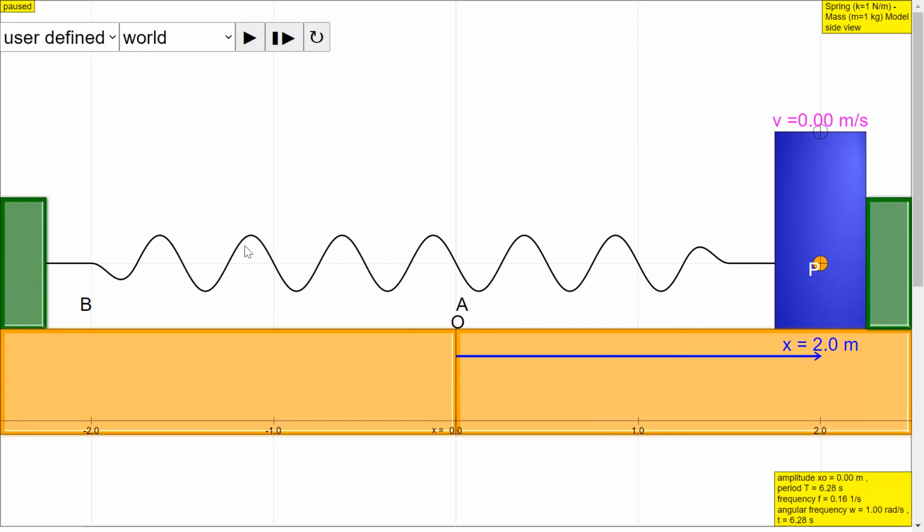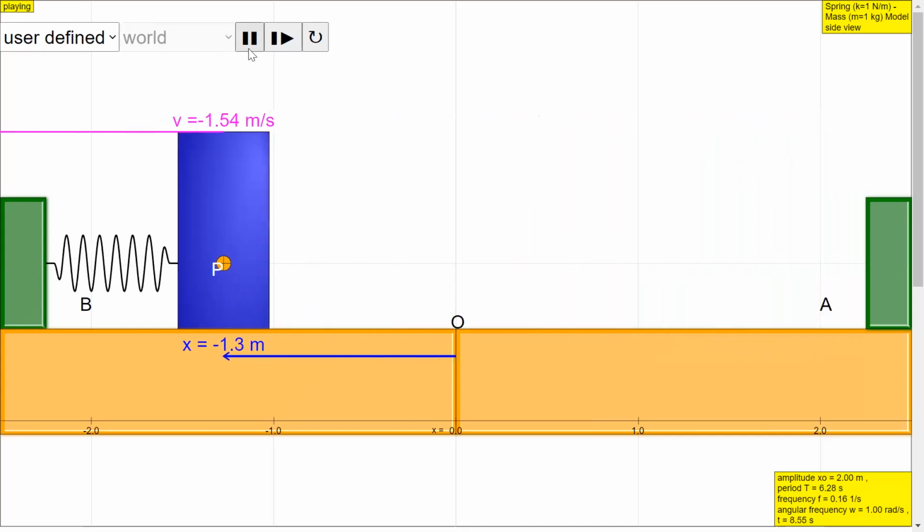Then the speed increases as the body approaches equilibrium. Starting here, we have zero velocity and an initial position of 2.0, and the equilibrium point is at 0, where the spring is neither stretched nor compressed. We will observe that the velocity increases up to its maximum as the body approaches 0.